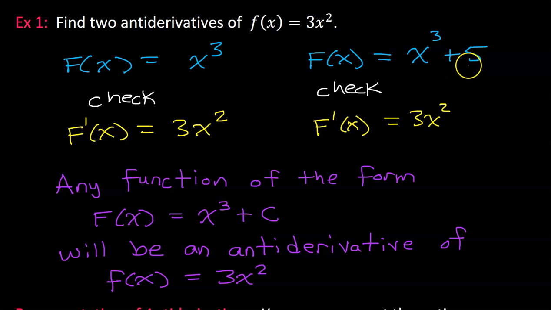Any constant would have worked. So any function of the form capital F of x equals x to the third power plus c will be an antiderivative of the original function 3x squared. So this expression will represent the entire family of antiderivatives.